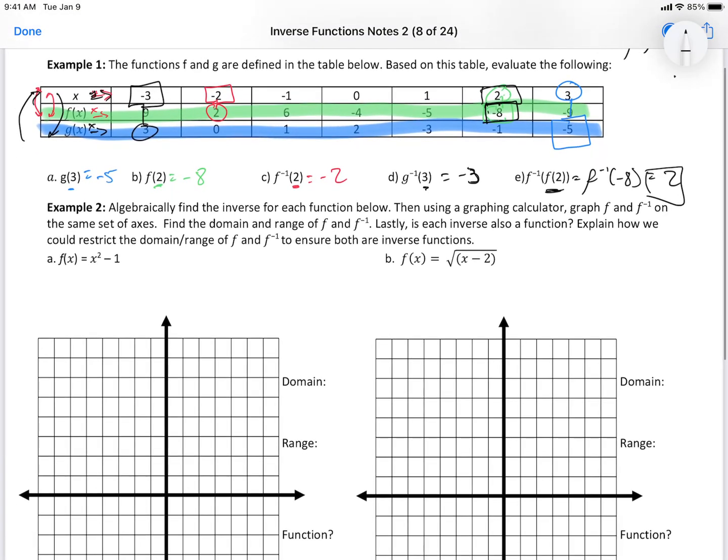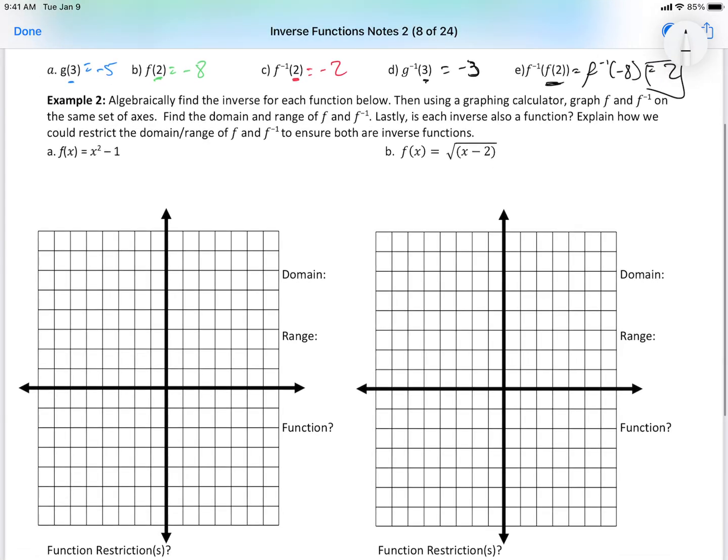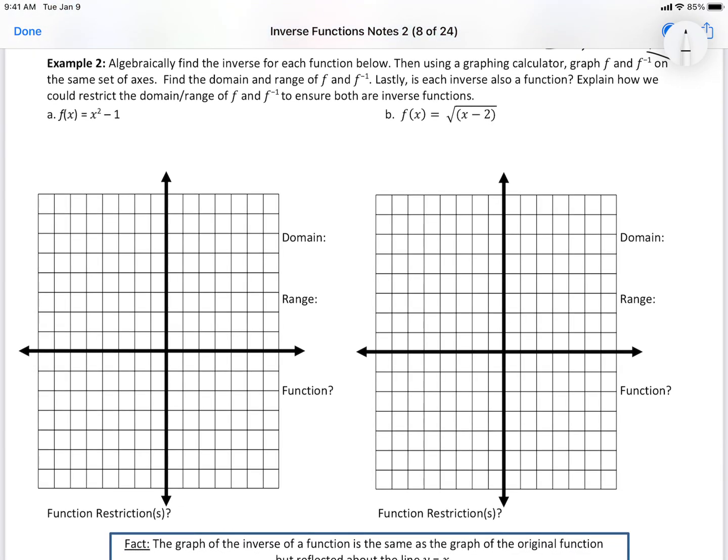So now what we want to do is find the inverses of each of these functions. So for 2, we're going to do A together, and then I'm going to let you guys do B. Then we want to use the graphing calculator and graph them both on the same set of axes.